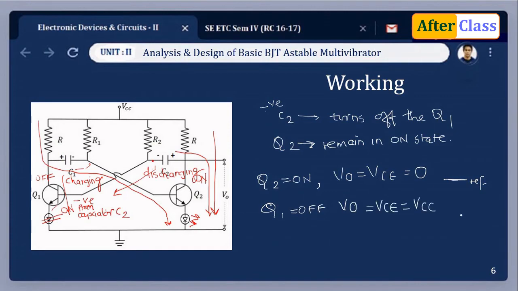So we are going to get a voltage VCC, and this cyclic process is going to generate an output waveform of this fashion. When transistor Q2 is on, output is 0. When transistor Q2 is off, output is high, and conversely we are going to get output in the opposite direction for transistor Q1.